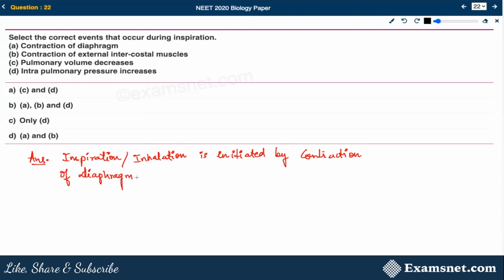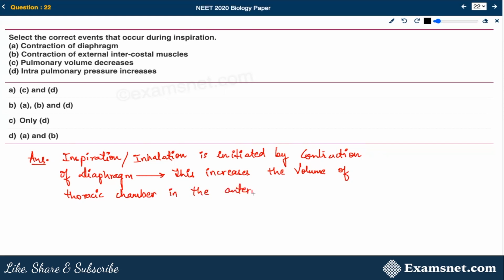The diaphragm muscles are going to be contracted, and this will ultimately result in an increase in the volume of the thoracic chamber, in the antero-posterior axis.